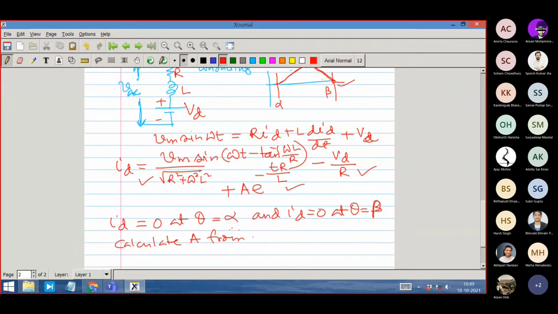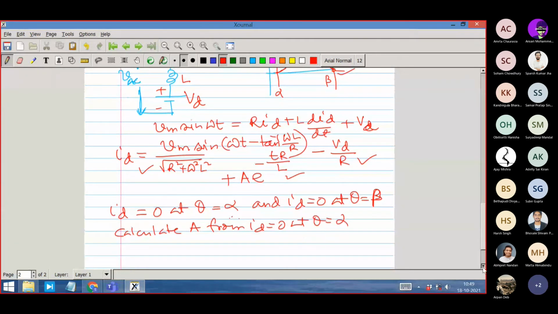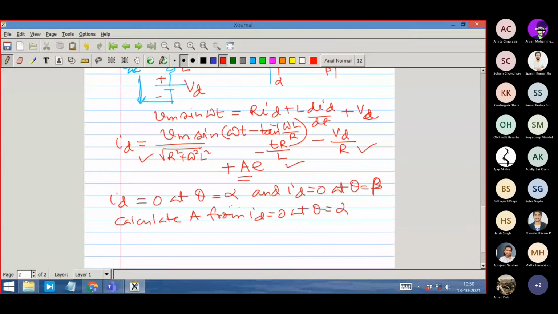So if I know A, then I will get the complete expression of the current, because that is the only unknown here. After getting the complete expression of the current, I will again put ID is equal to 0 and find out at what theta, theta is equal to beta, this will be 0. Then beta I can calculate, right?